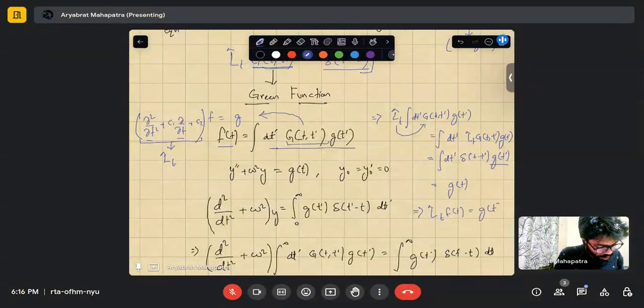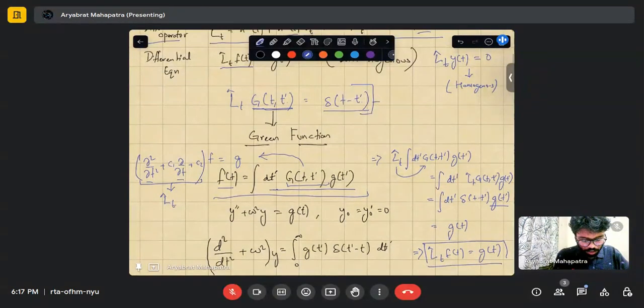So you can see that this differential equation is satisfied by this answer. This is the answer which I have taken, and I substituted f of t in the differential equation, and in the RHS I got g of t. That is what you are able to do with this green function, because I used the property that when this differential operator acts on this green function it gives delta functions.